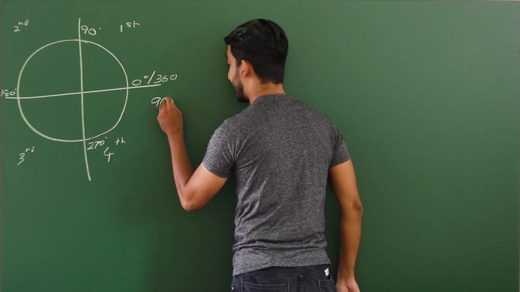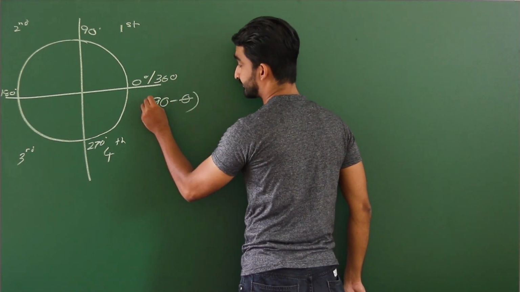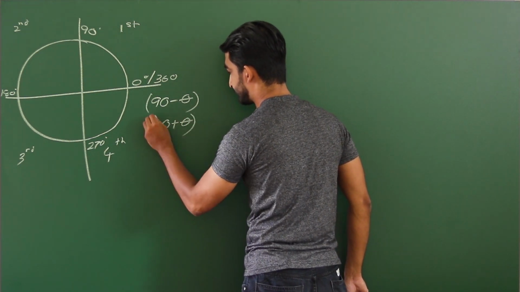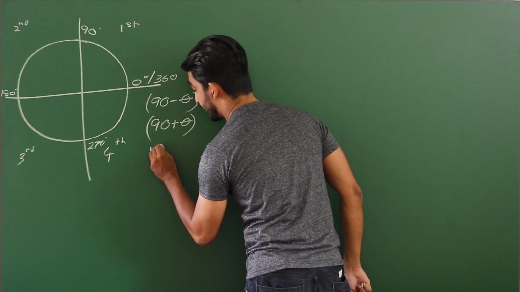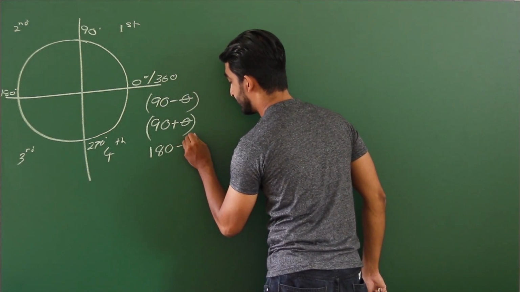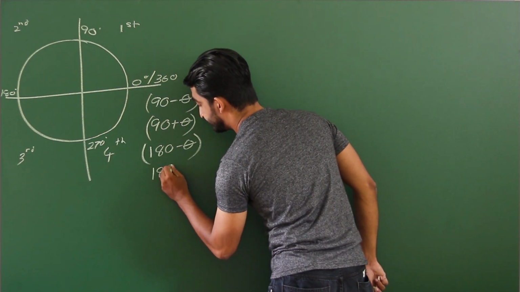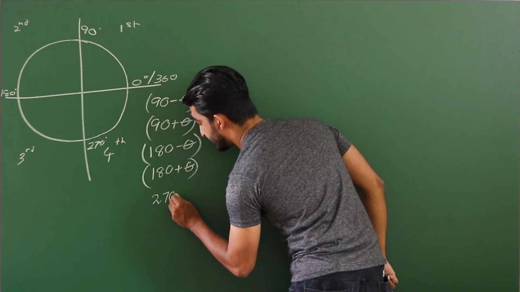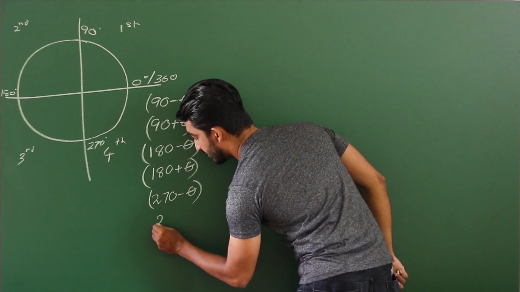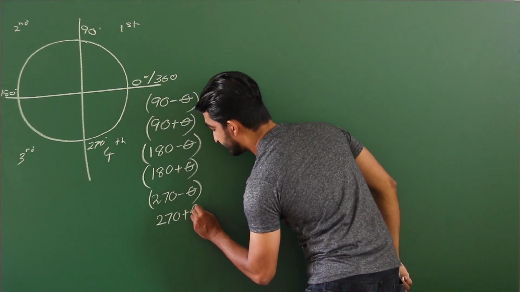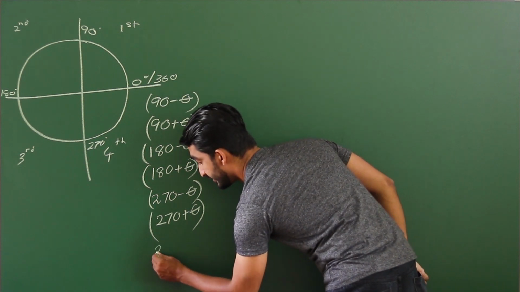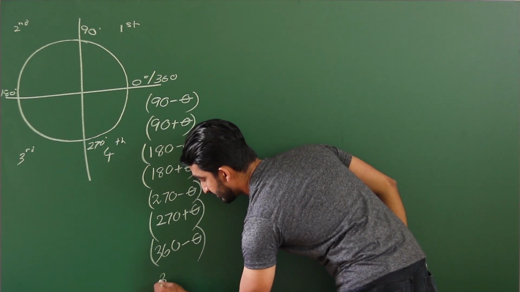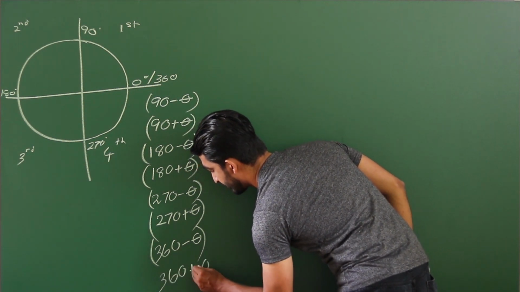First is 90 minus theta, other is 90 plus theta, other is 180 minus theta, 180 plus theta, 270 minus theta, 270 plus theta, 360 minus theta, 360 plus theta.